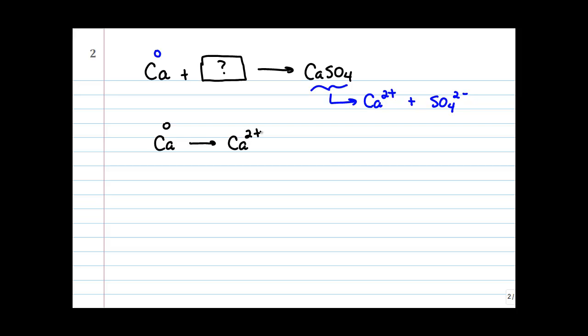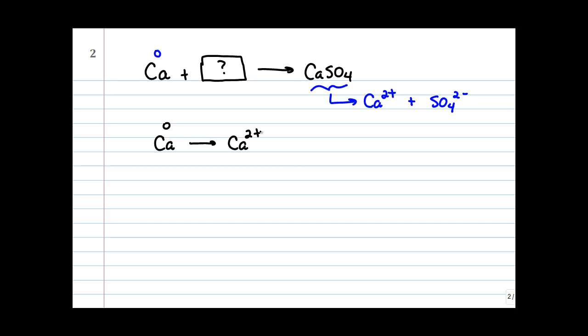I don't care about anything else right now but calcium, because that's the question at hand. Is it oxidized or is it reduced in this particular reaction? Well, I've got the charges shown, the atoms are balanced. Of course, we didn't balance this reaction, so that doesn't matter here.